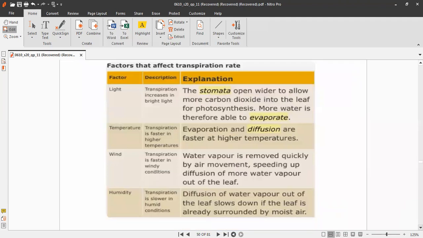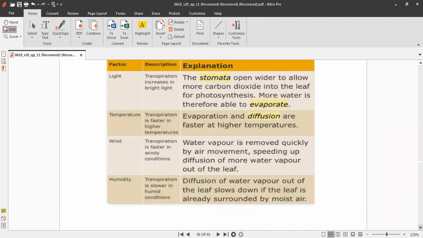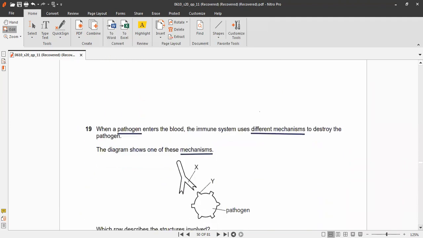Wind: transpiration is faster in windy conditions. Water vapor is removed quickly by air movement, speeding up diffusion of more water vapor out of the leaf. Humidity: transpiration is slower in humid conditions. Diffusion of water vapor out of the leaf slows down if the leaf is already surrounded by moist air.